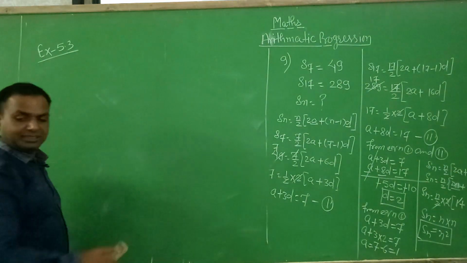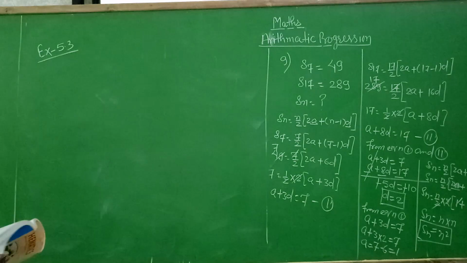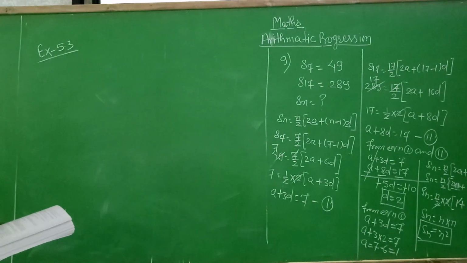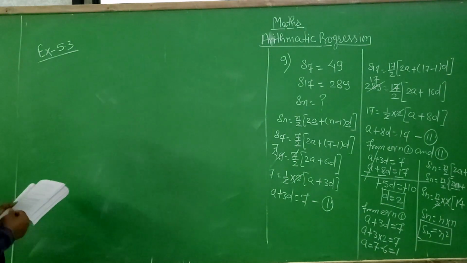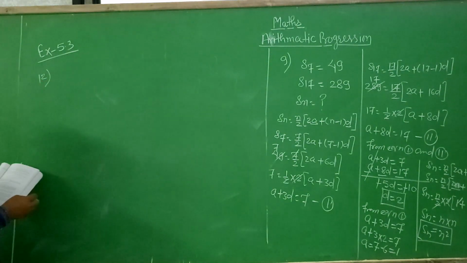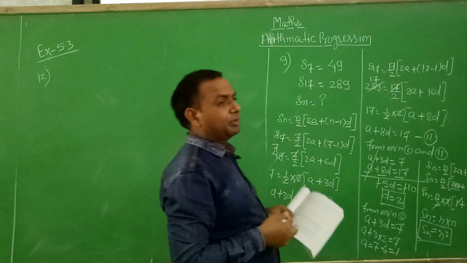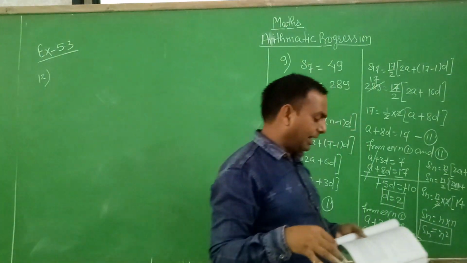You see the next question, question number 12. Find the sum of the first 40 positive integers which are divisible by 6. Divisible by 6 means this is the table of 6.